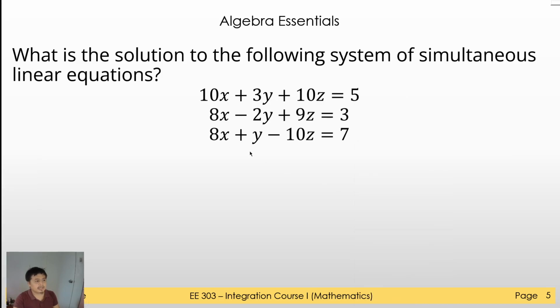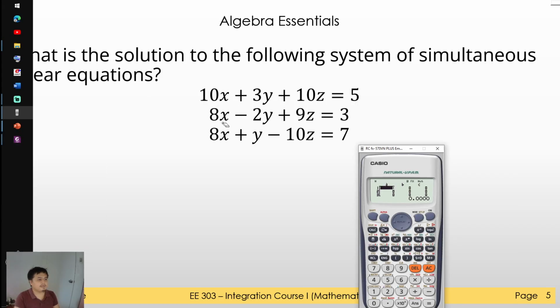And then we can enter the respective values here. So we have 10, 3, 10, 5, and then 8, -2, 9, 3, and then 8, 1, -10, and 7. Just a disclaimer, you have to make sure that the variables are in order and the constant is on the right side of the equation. So equate this, and we have an answer here.